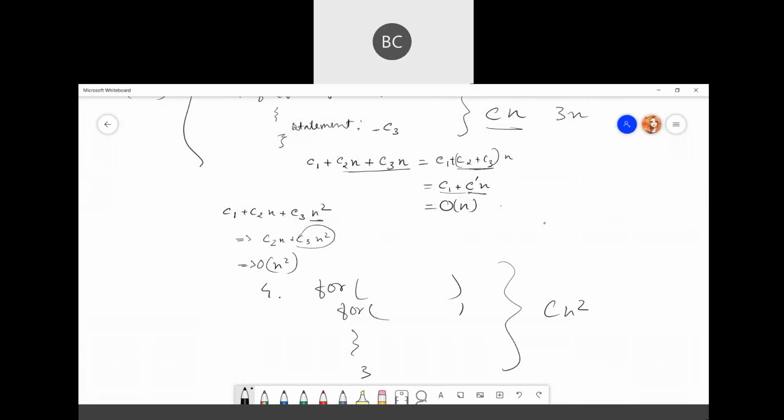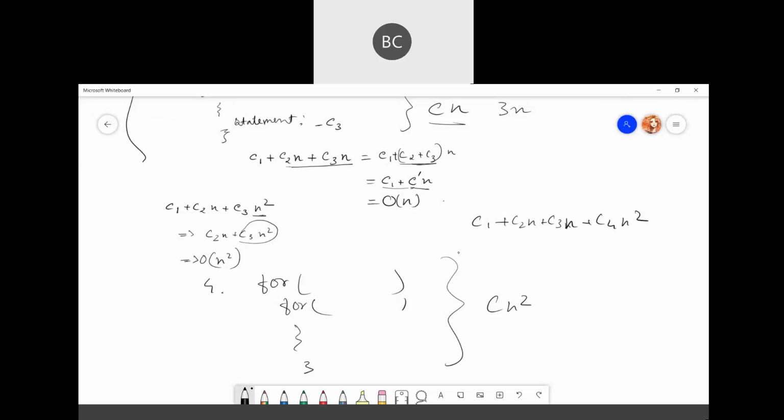Okay. Again, same thing, you will simply add up all these things. So the total complexity, if there is a nested loop, is C1, C2, and C3, plus C4n square. Then you will just add up the numbers.